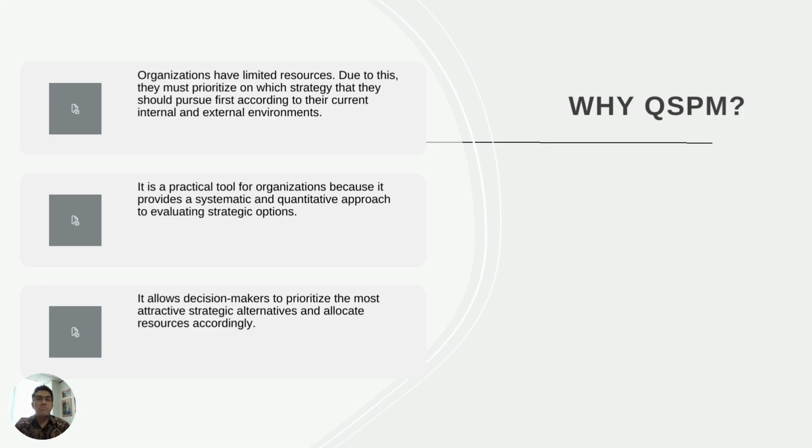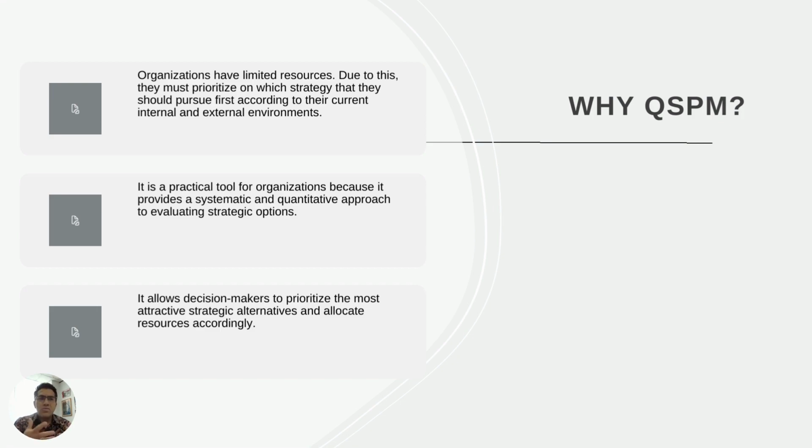So why QSPM? Number one, organizations have a limited amount of resources. Due to this, they must prioritize which strategy they should pursue first according to their current internal and external environments. They are lacking in terms of financial capital. They are lacking in terms of talent. They are lacking in terms of manpower. They are lacking in terms of expertise.